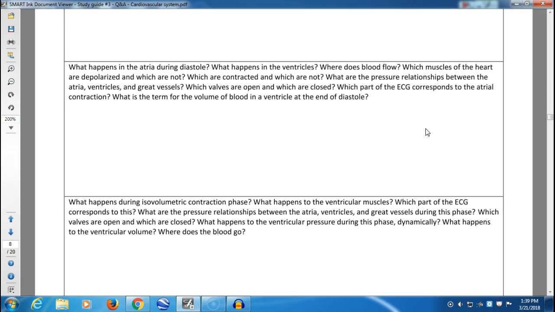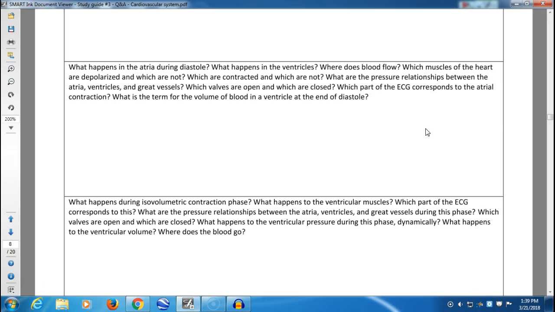Pressure in the ventricle is highest, lowest, in the middle? Lowest, because the valve from atria to ventricle is open, which means atrial pressure is bigger, right? And the valve from ventricle to the aorta is closed, which means aortic is bigger. We good?